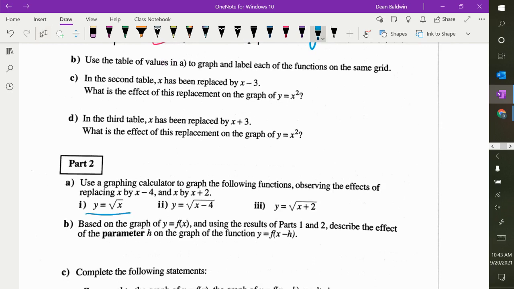Do we remember what radical graphs look like? Square root graphs. Okay, so the basic square root looks like that. What does this 4 do? 4 units to the right. So instead of starting at 0, it now starts at 4. That's all we've done. And the 2?